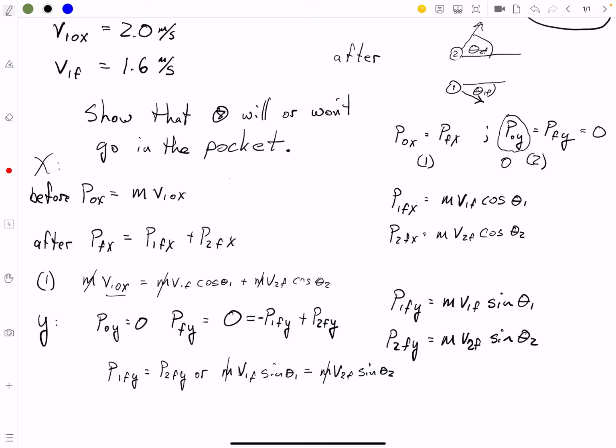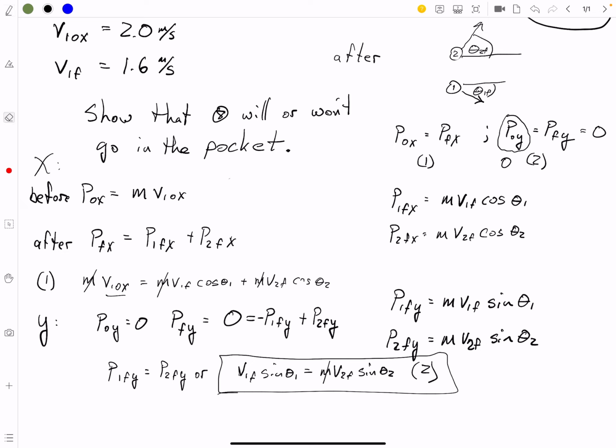The m's cancel, and so we're left with v1 final sine theta 1 equals v2 final sine of theta 2. This is our second equation. Okay, that's equation number 2. We're happy to see that.